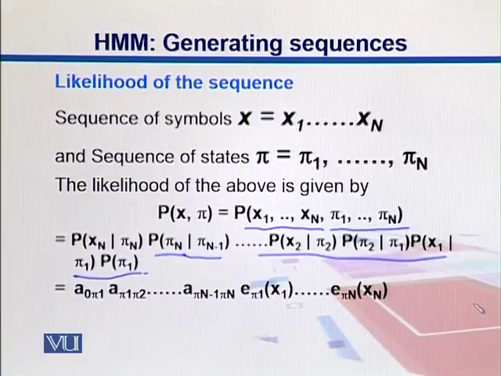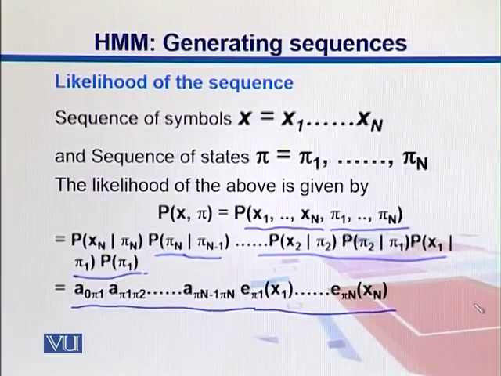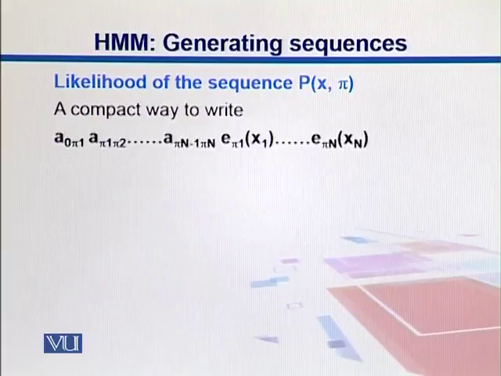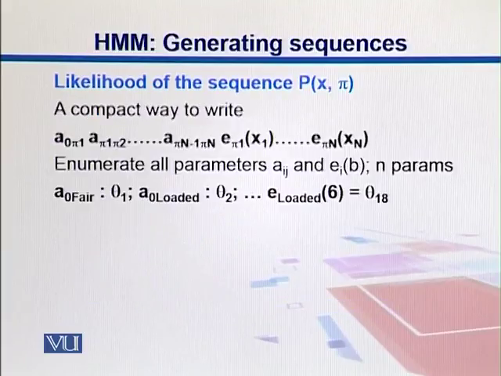So we can simplify this equation so that we have all the state transition probabilities and all the emission probabilities, with all possibilities put together. We can write it like this, and in this way we come up with some parameters. There are different parameters in this whole scenario.